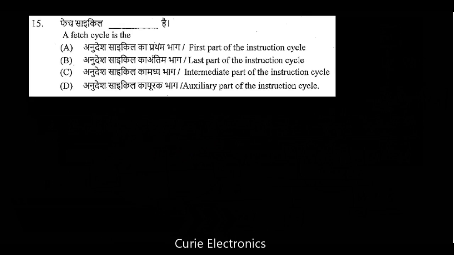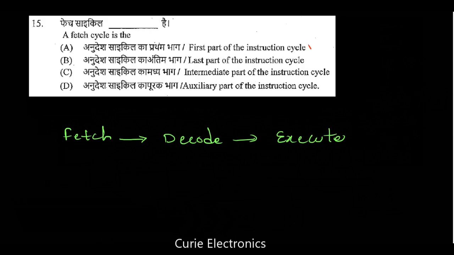For the fetch cycle, the microprocessor first has to fetch the instruction, then decode, then execute. A fetch cycle is the first part of the instruction cycle.